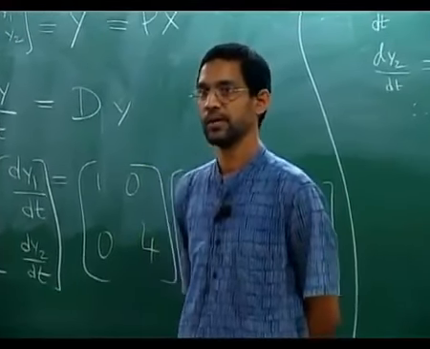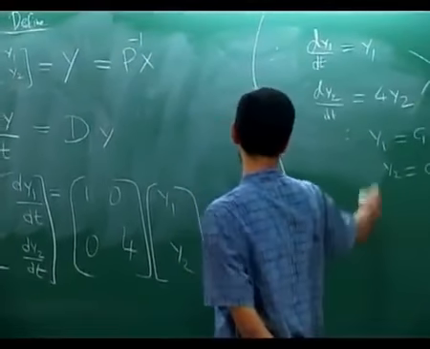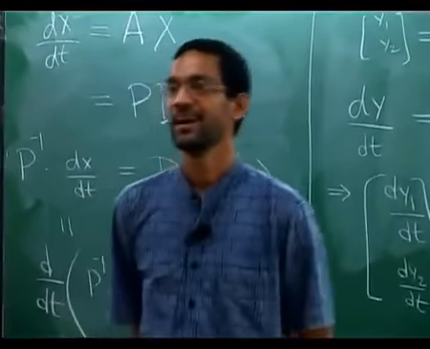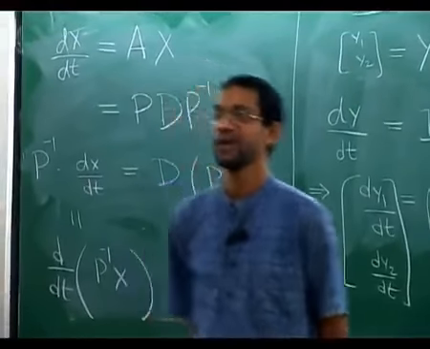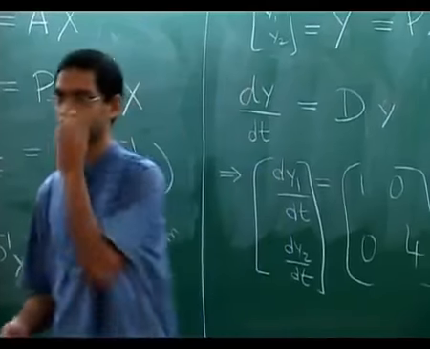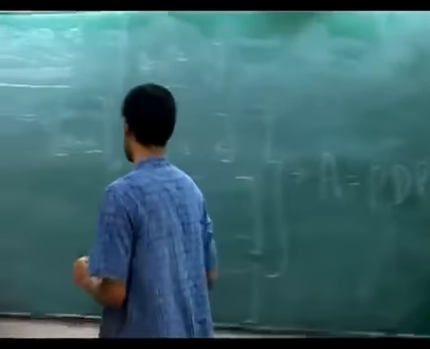Okay, let me ask you a question then. This is almost done because I only solved for y1, y2. How do I get x1, x2? In the end, after all, my goal was to find a solution for x1 and x2. So how do you find x1 and x2 back? Well, there's one of two things.